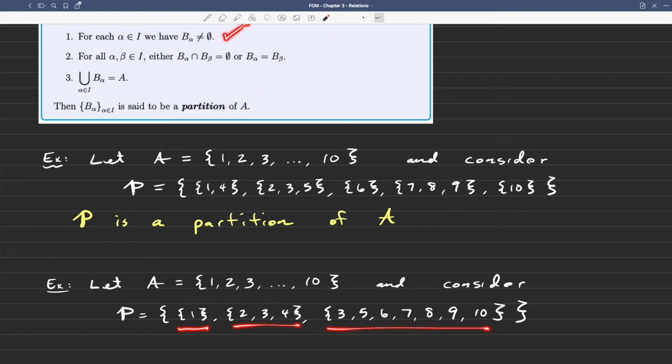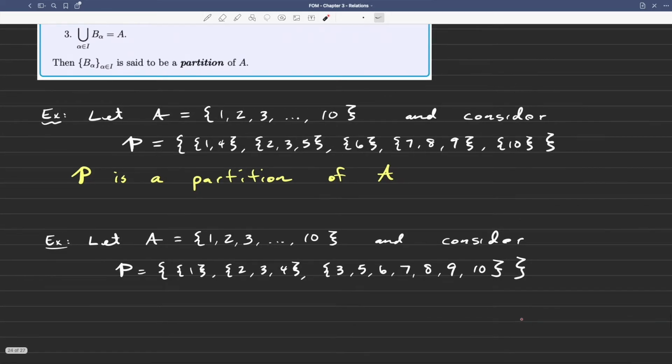Are those sets disjoint from one another? Well, let's see. The singleton 1, I don't see a 1 in any of those other sets. 2, 3, and 4. Do you see a 2, a 3, or a 4 in any of those other sets? Uh-oh, I do see. In fact, here's 3, and then here's 3 over here. So these two sets right here are not disjoint from one another. So this is not a partition.